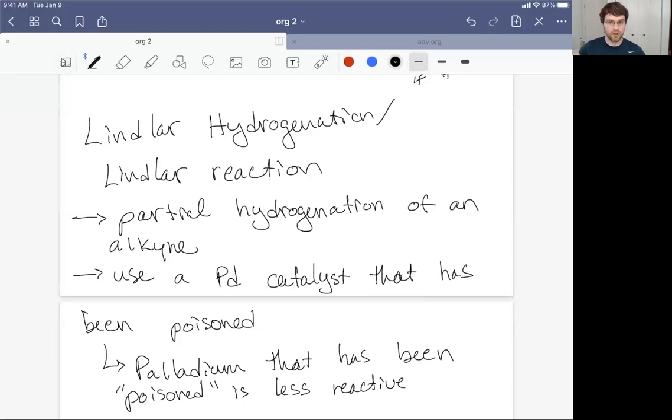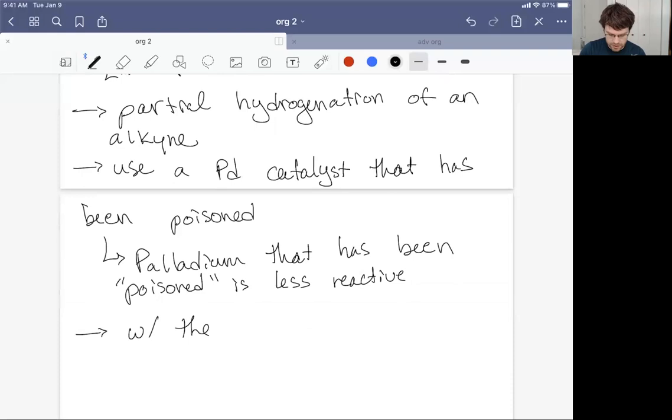Recall that the third pi bond in an alkyne is weaker, and so it's still able to react with the poisoned palladium catalyst in this case. But after we do that, we form an alkene, and that alkene pi bond is too strong for our poisoned palladium catalyst to react.